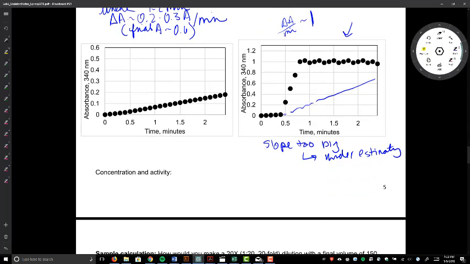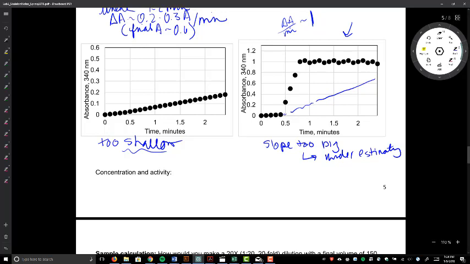If you take your enzyme and there's too little enzyme that you add into the reaction, you might see a situation like this, where the curve is actually too shallow. It's too shallow to get an accurate reading of the activity and then to figure out the units of enzyme that are in your solution.